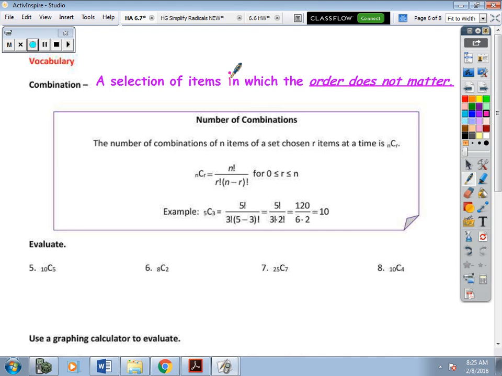Now, my example for this one, if you remember, is I put all your names in the hat. Let's do a different one. I picked 3 names. All 3 of you are going to Disney World. Okay? It would be a combination because the order in which you're selected doesn't matter.